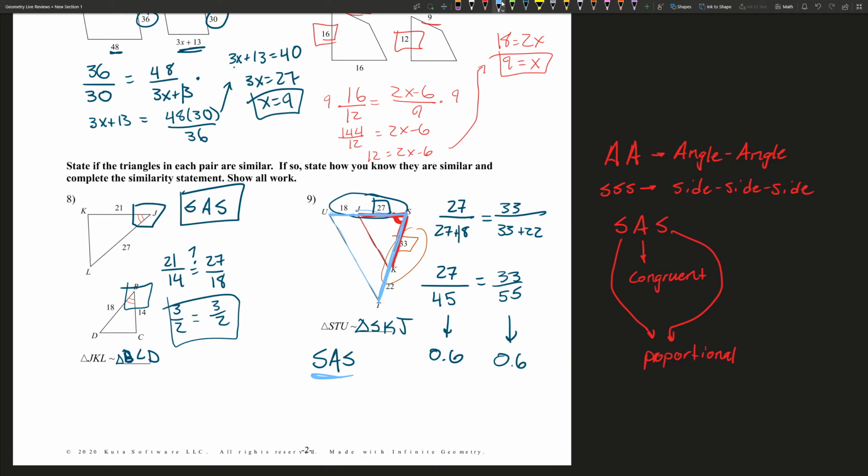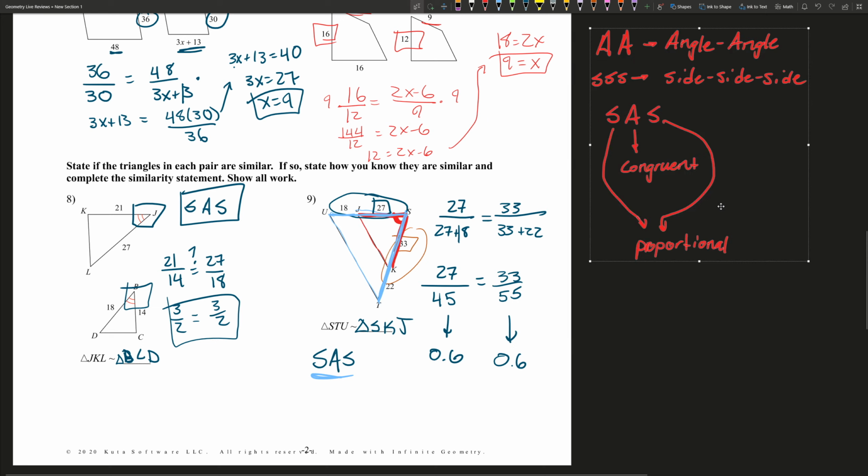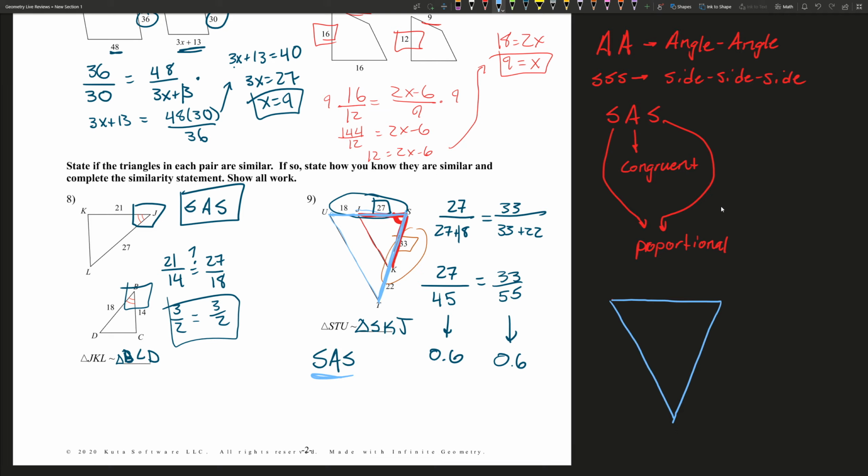Okay, I'm going to redraw this. So you have a big triangle, and then you have a tiny triangle.